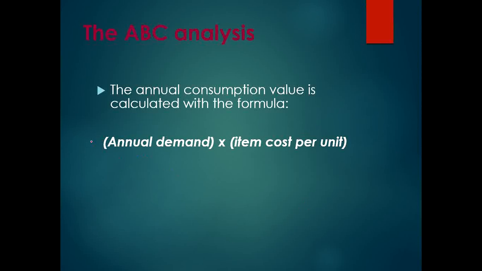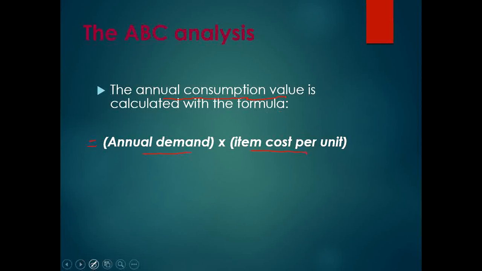We can use this formula: annual consumption value in rupees for each item is the item cost per unit, for example the cost of one bag of cement, into annual demand, how much demand there is throughout the year. So annual demand into item cost per unit will give me the annual consumption value calculated with the formula.